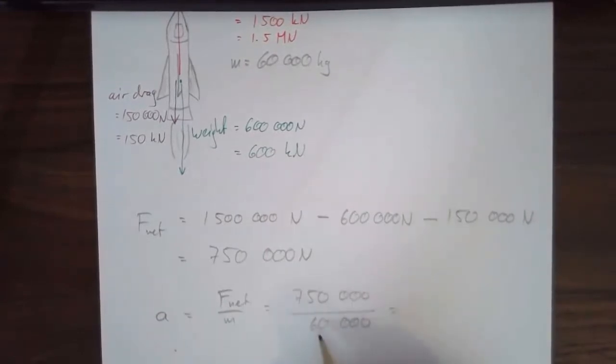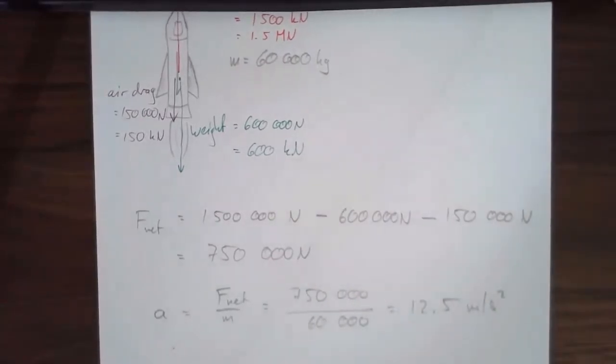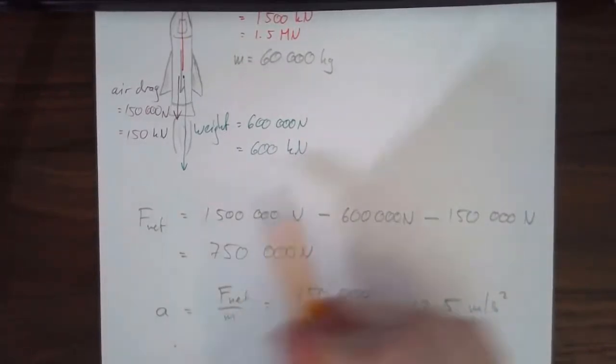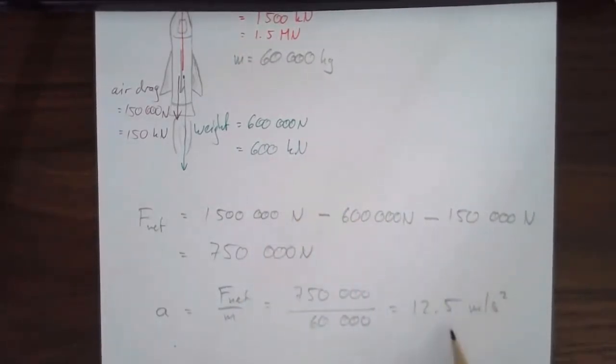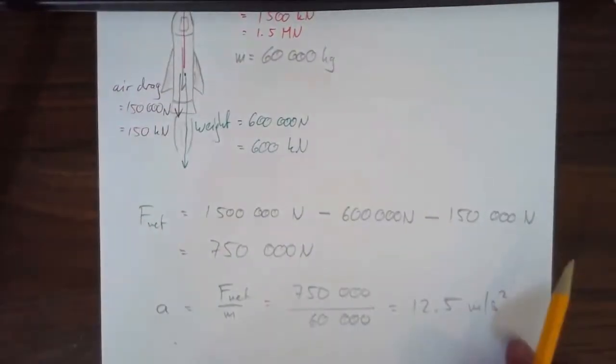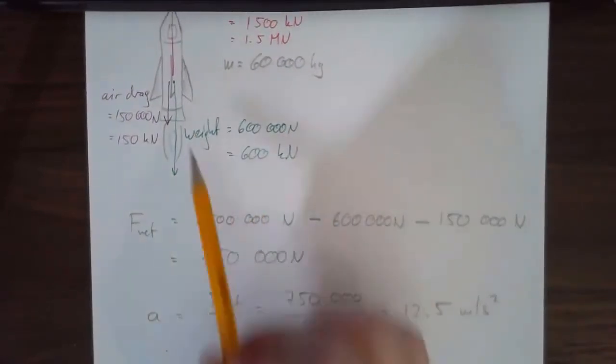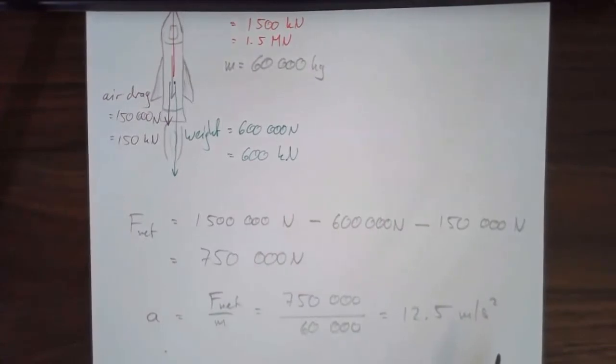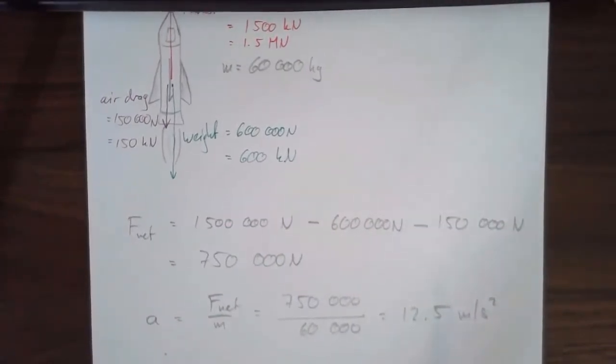That is going to be 12.5 meters per second squared, which you can visualize. All those crazy high numbers actually add up to something quite reasonable, and you can imagine this sort of acceleration. It's slightly greater than the acceleration due to freefall. I think that's a fairly realistic value for a rocket taking off, maybe even a little bit higher in reality.